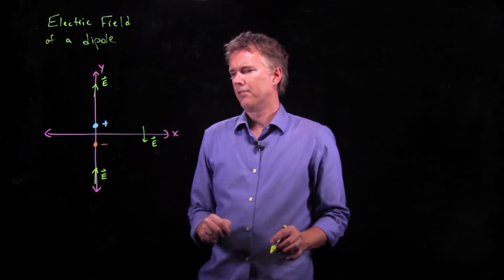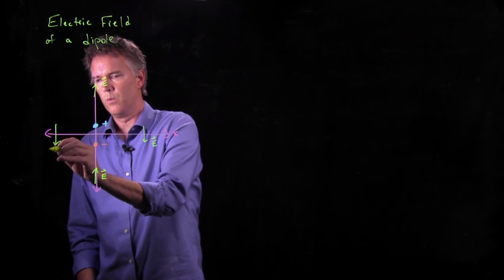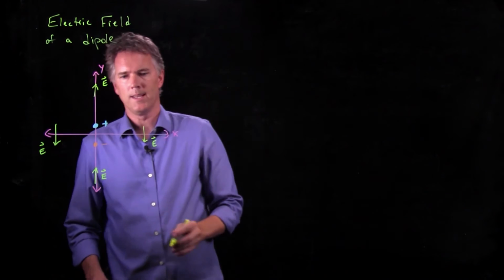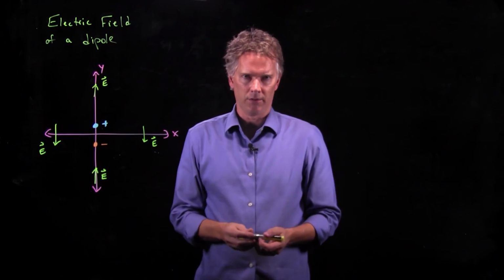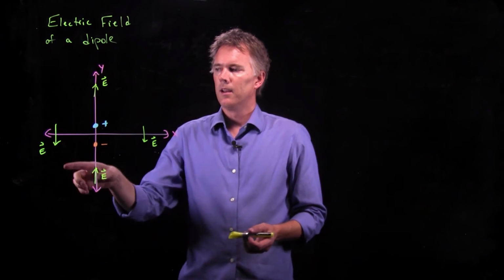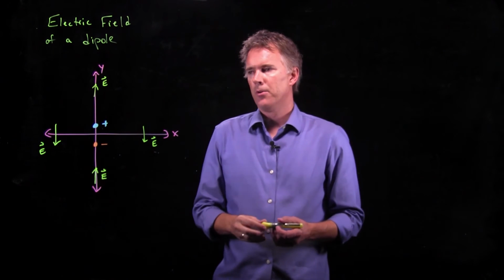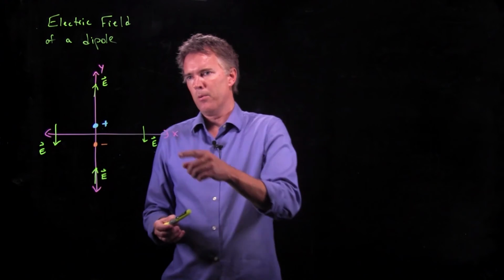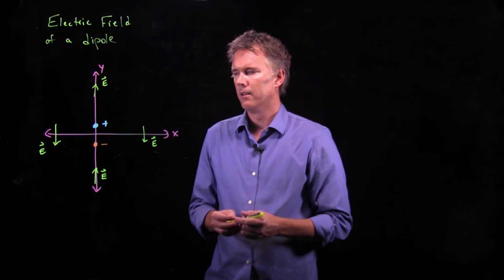What about over here on the left side? On the left side, by symmetry, we could argue that it must be pointing down. Right? If I flip this whole picture around, it's got to look exactly the same. So this is what the electric field looks like on the axes. But what about at an arbitrary position? If we were looking out here somewhere, what would the electric field look like?